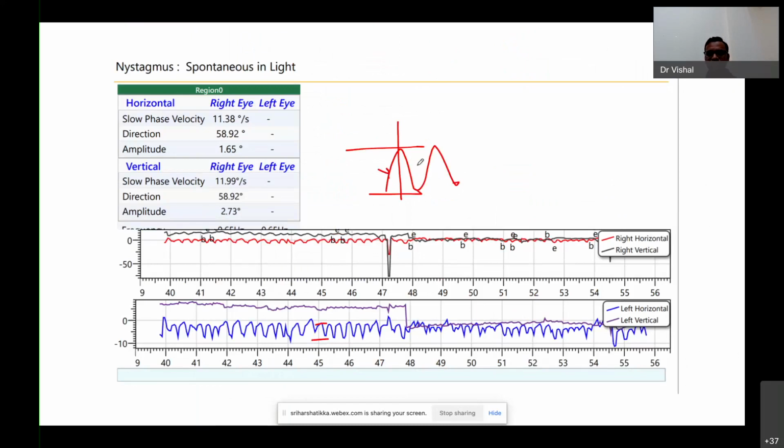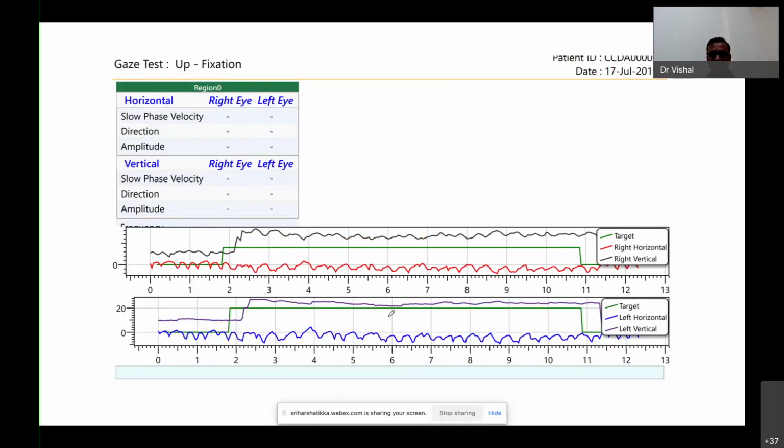Okay, so it is a pendular variety of nystagmus. And here also you can appreciate this pendular variety of nystagmus. A mild jerky component will be there many a time, but it is a pendular variety of nystagmus. Here you can appreciate a little better, the pendular variety of nystagmus.